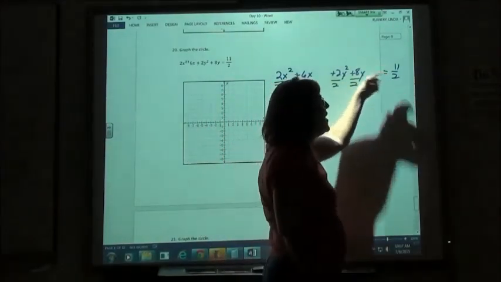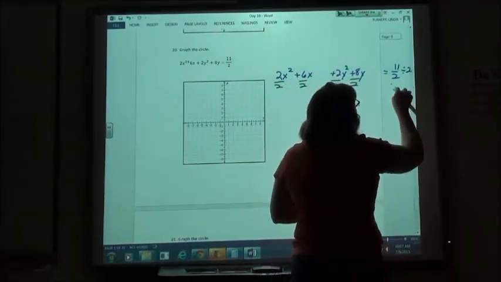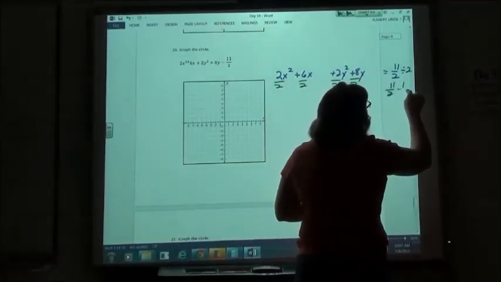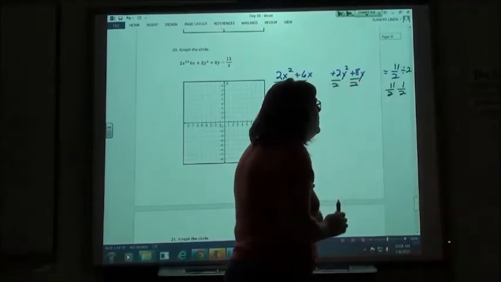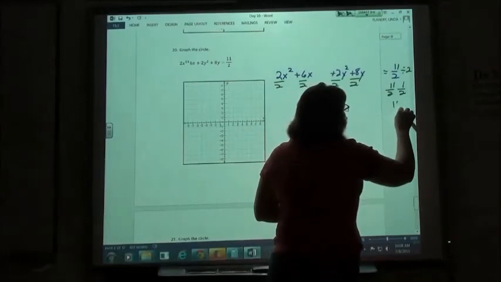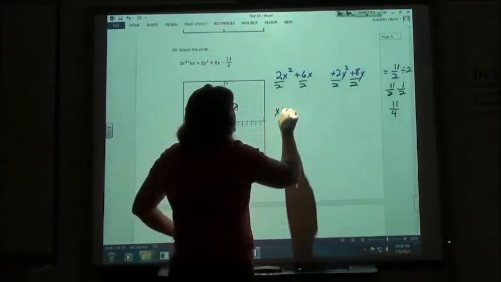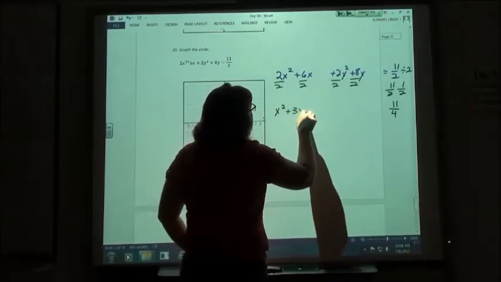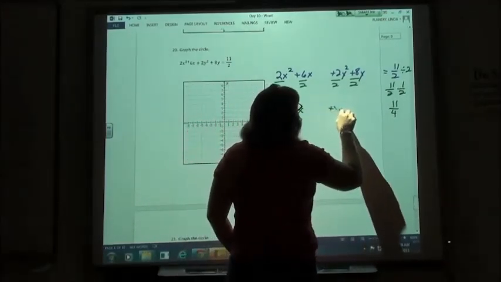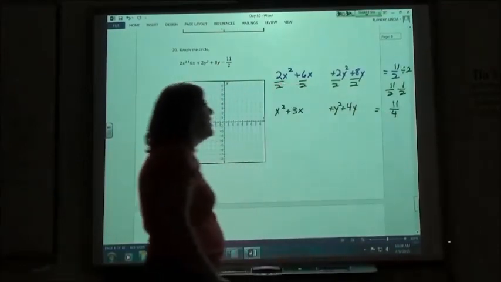Over here, when you take 11/2 divided by 2, you have to multiply by the reciprocal. So it's 11/2 times 1/2. I'm going to get 11/4 over there. So I'm going to have x squared plus 3x plus y squared plus 4y equals my 11/4.